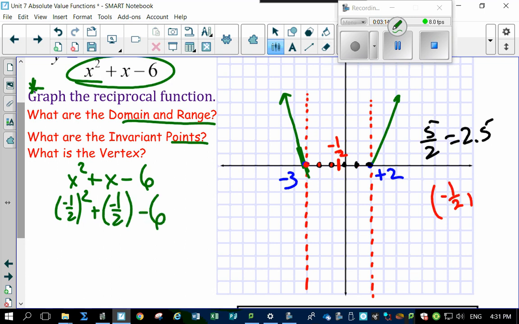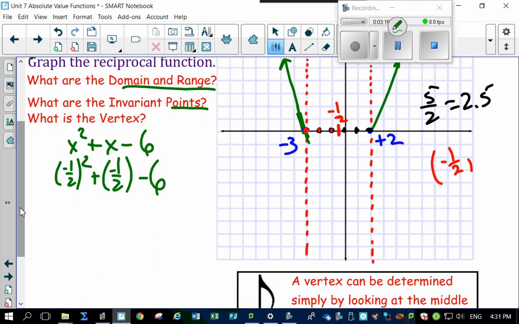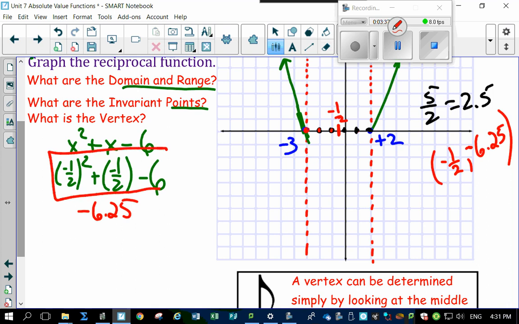If we pop in the value of minus a half into each one of these, we can determine what that is. Throw that into your calculator. What you're going to find out is this actually works out to be minus 6.25. That's the value of your vertex, minus 6.25. Pop this in your calculator. If you don't believe me, throw that into your calculator. That's exactly what you're going to get.